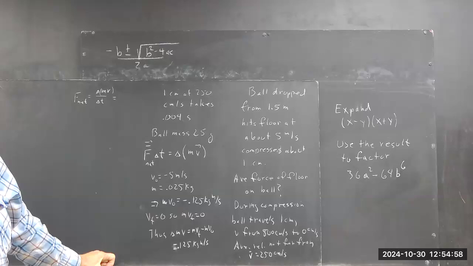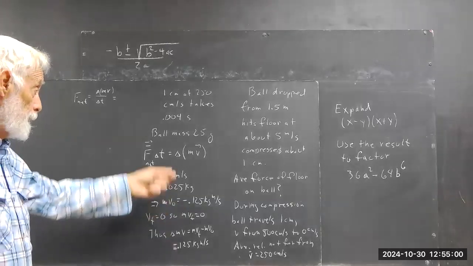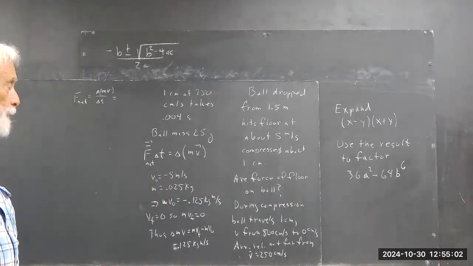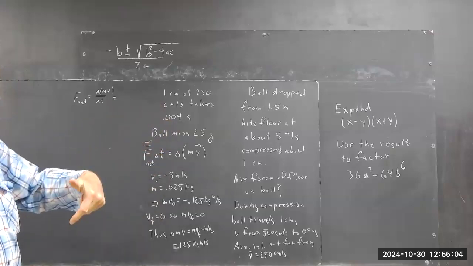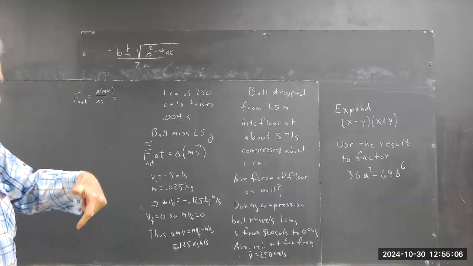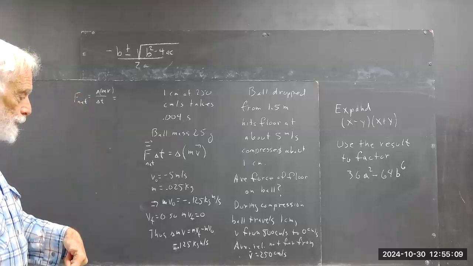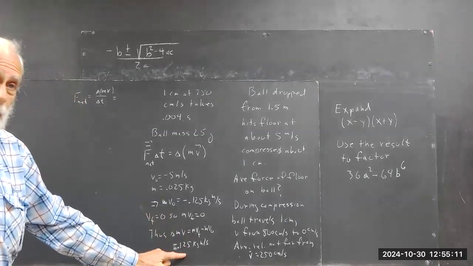Which we can easily calculate. Your delta t is 1/250th of a second. So when you divide by 1/250th of a second, you've got to get 250 times this.